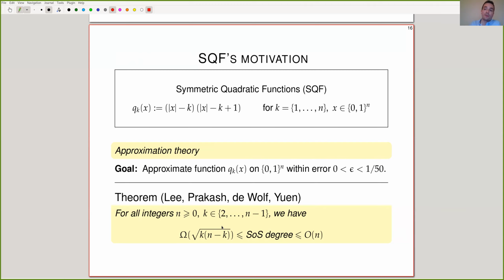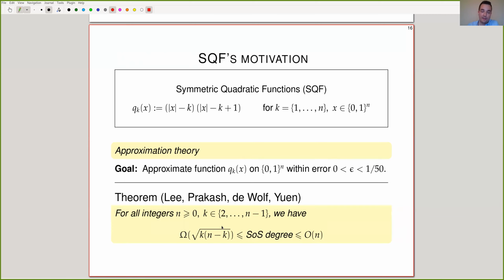They proved that even approximately writing the function qk as a sum of squares within some error epsilon needs a degree at most big O of n and at least omega of square root of k times n minus k.